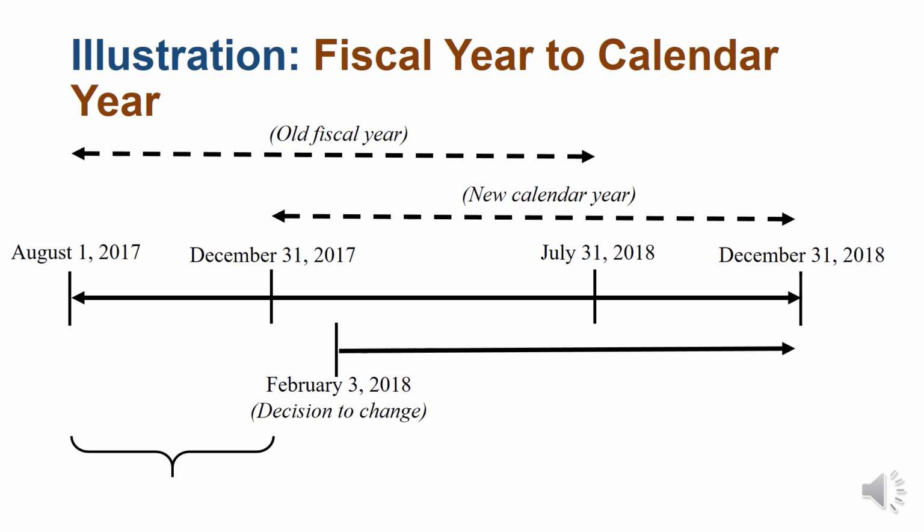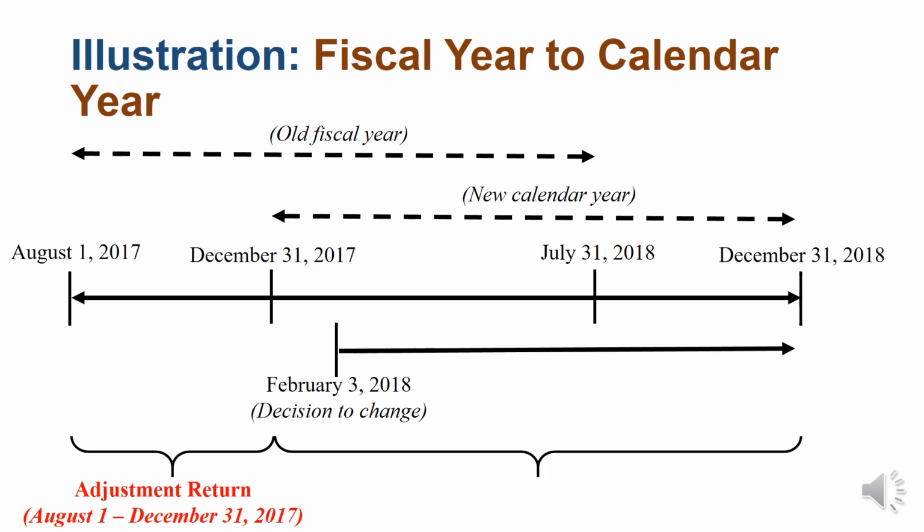Why? Because it is beyond the 12-month period. So therefore, the taxpayer has to file a separate adjustment return beginning August 1, 2017 and ending December 31, 2017, so that from January 1, 2018 to December 31, 2018, it will have a new normal return.